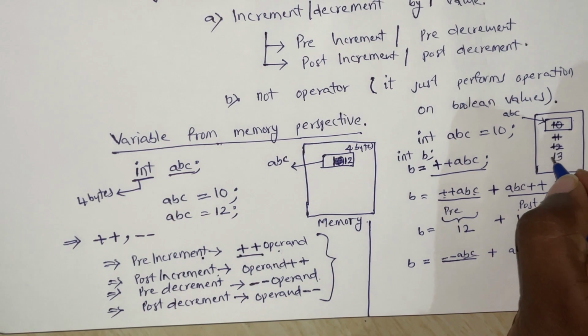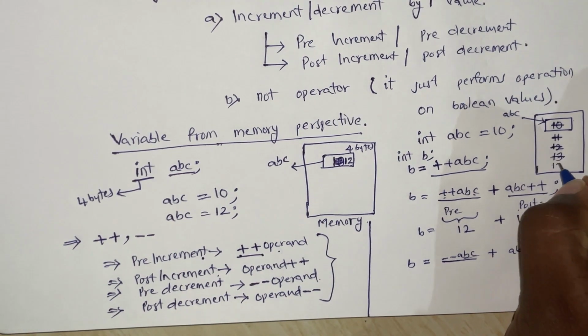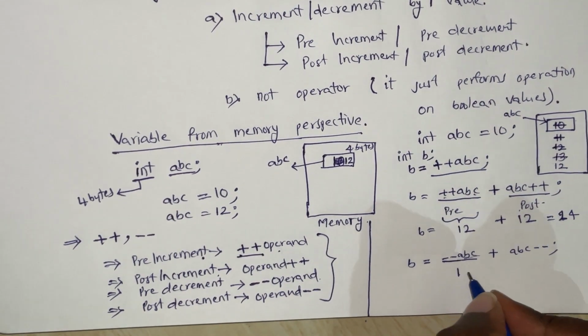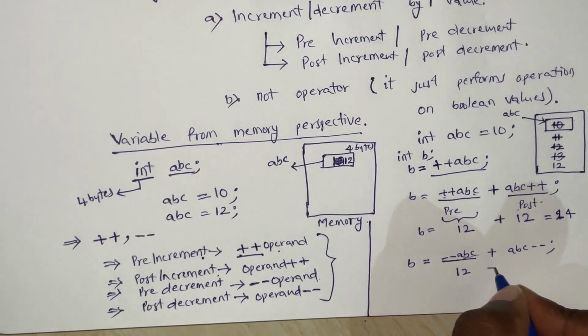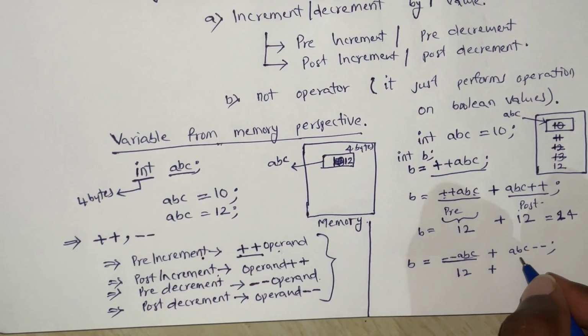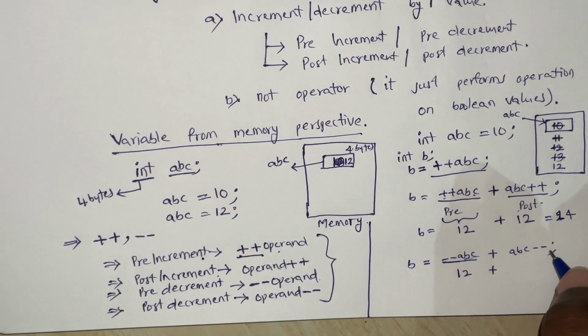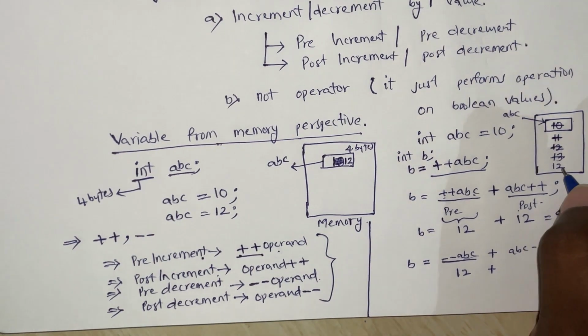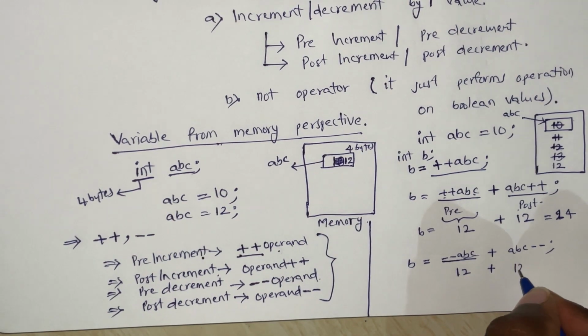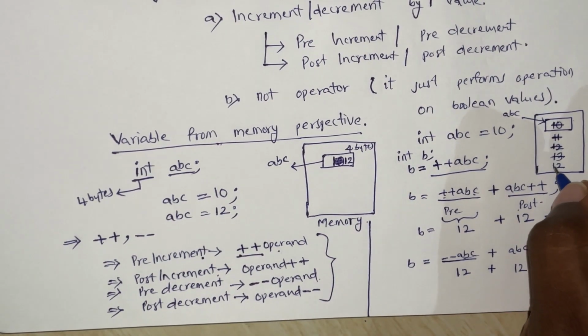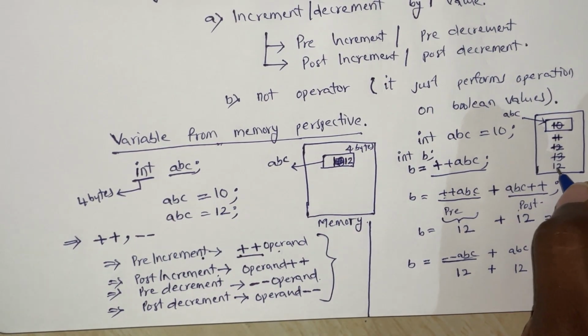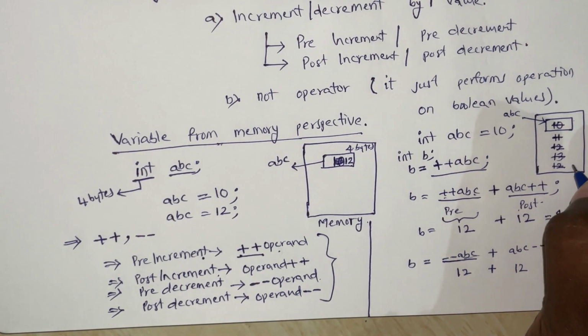That means 13 becomes 12. Get the 12 value here, and then plus. What is this? Post-decrement. That means first get the value present in memory, that is 12, and then decrease the value by 1, so 12 becomes 11 here.